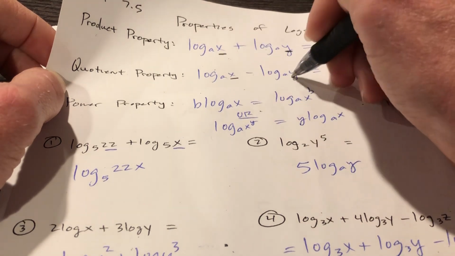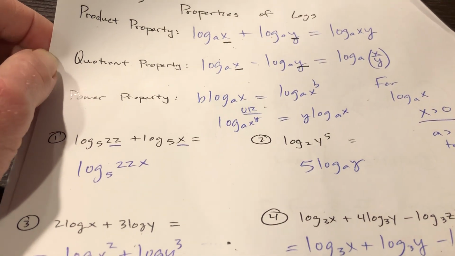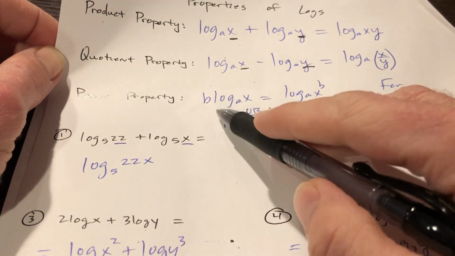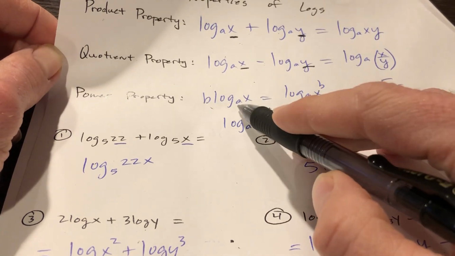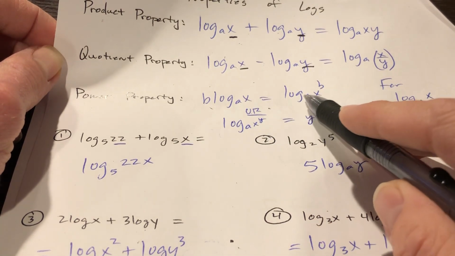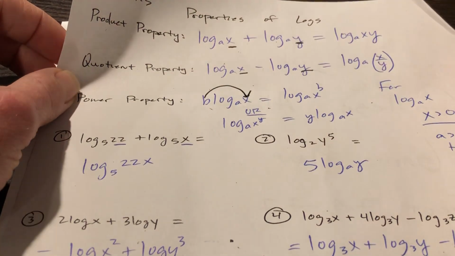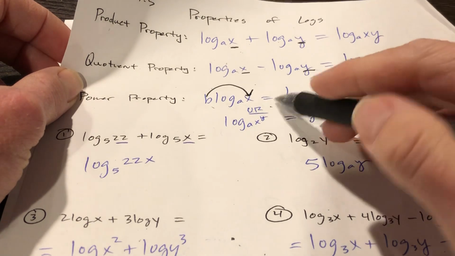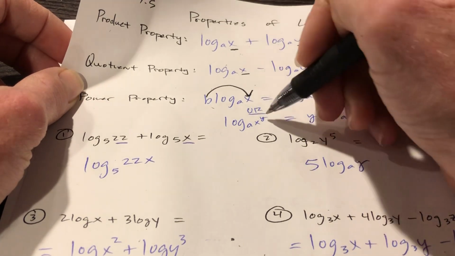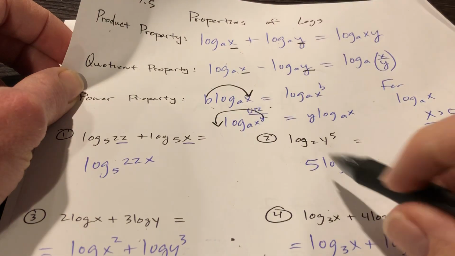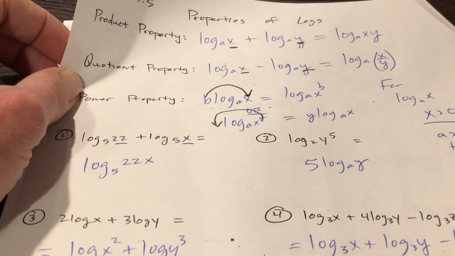And the power property says this: b log base a of x is log base a of x to the b. The number on the outside can be written as a power, or I can go the other way: a power can, Price is Right style, come on down and be written on the outside.